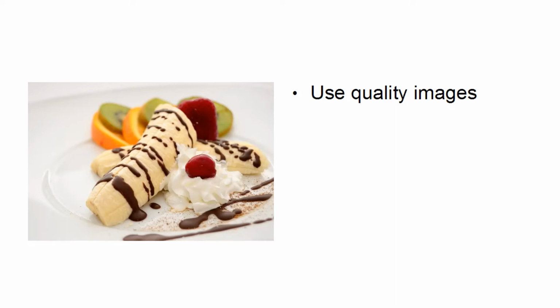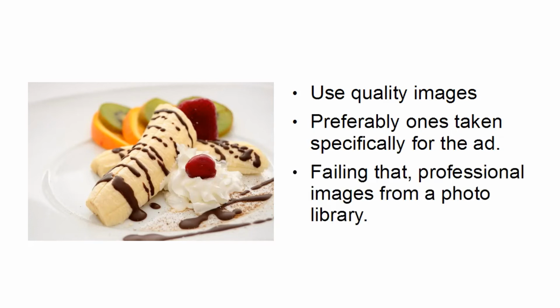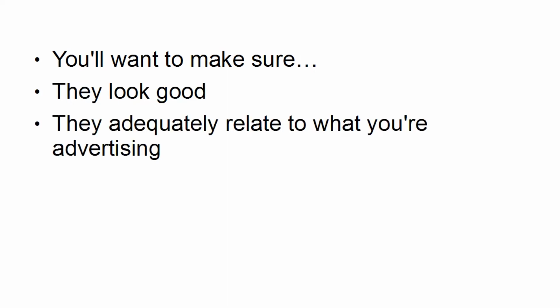So when you're using images, you should use quality images. Preferably, you should use ones taken specifically for the ad, or failing that, you want to get some professional images from a photo library, and there are lots of them online. But you want to make sure, first of all, that they look good. Secondly, that they adequately relate to what you're advertising.